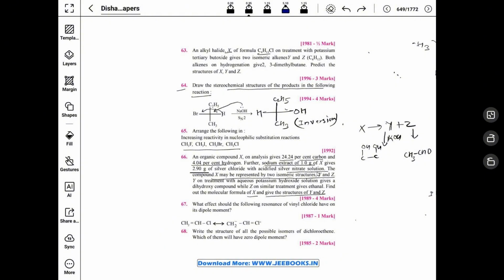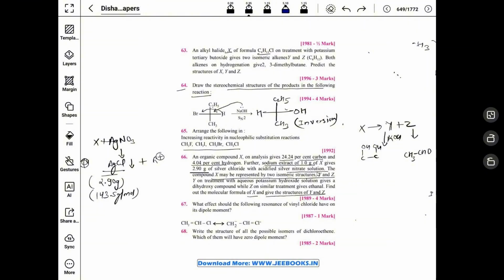First we have to understand that silver nitrate solution is reacting with X, so it means X has an alkyl halide, or we can say alkyl chloride, because that's why the silver salt precipitate is forming, and then you get the carbocation. The silver chloride precipitate amount is 2.90 gram, and we should know the molecular weight of silver chloride is 143.5 gram per mole.